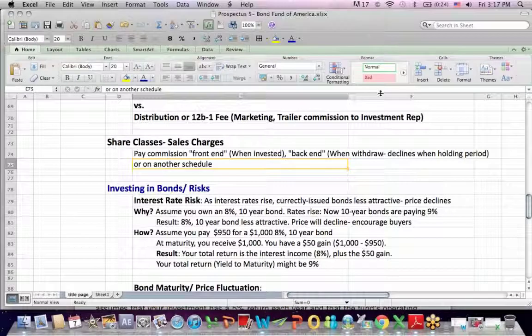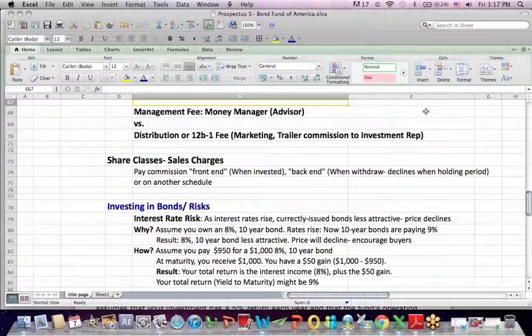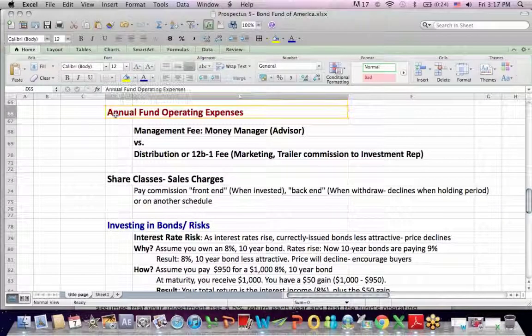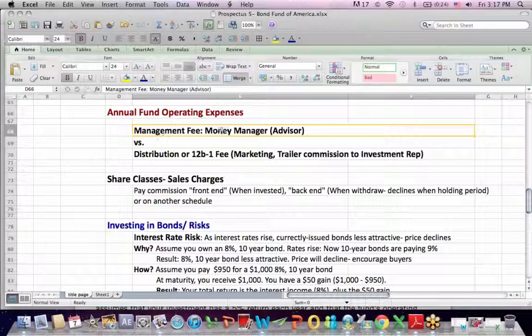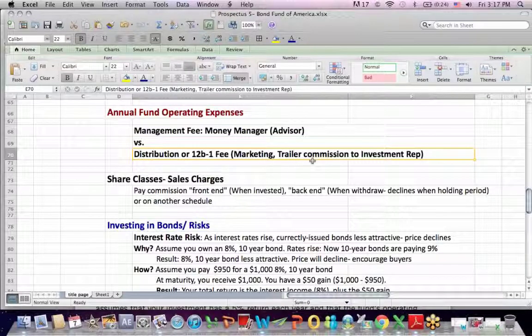Annual fund operating expenses, on the other hand, are annual fees that go to two things. We go to pay the money manager, and the distribution or 12b-1 fee is a fee to cover marketing, and also pays a small annual, what we call in the brokerage business, a trailer commission to investment reps. That's what that fee is for.